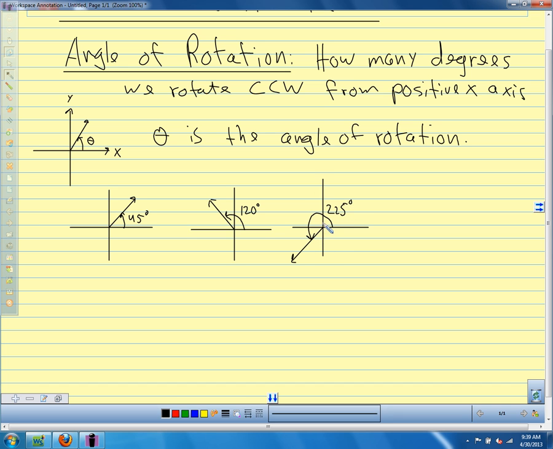If we go past the negative y-axis, then we're rotating more than 270 degrees. So our angle of rotation just gets bigger. Come down here. That could be possibly 330 degrees.